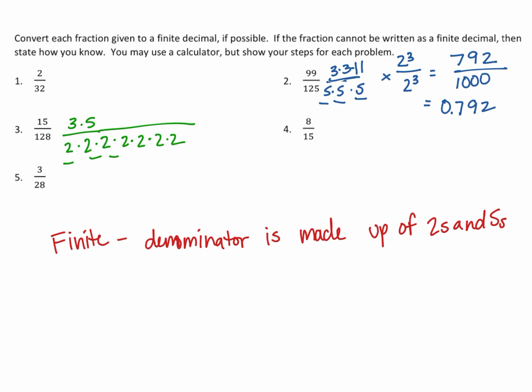But we have 1, 2, 3, 4, 5, 6, 7 sets of 2. So we need 7 sets of 5. So then on the bottom we have a 1 with 7 zeros.